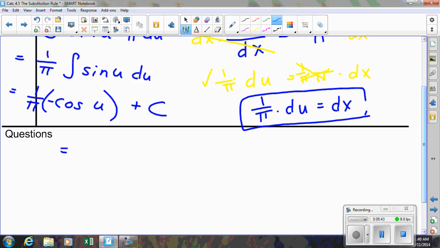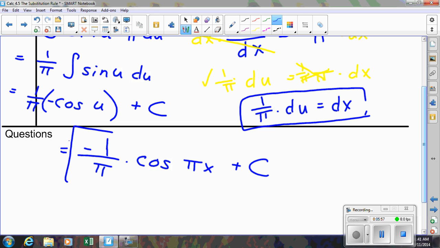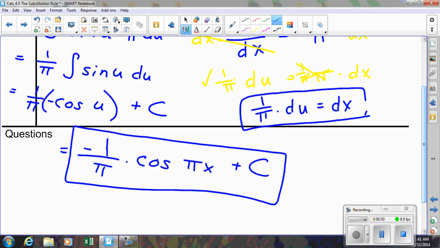Very quickly, we have negative 1 over pi times the cosine, and u is just pi x, and therefore we are completely done. This technique of changing the variable from x into u is very cleverly named u-substitution, because we're substituting in the variable u.